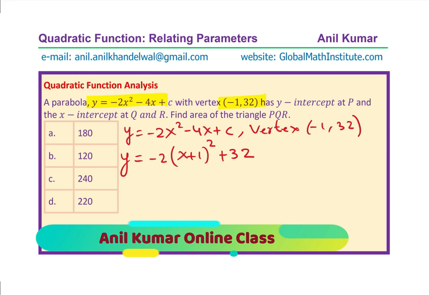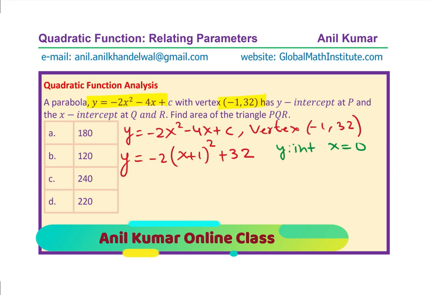So that becomes the equation of the parabola. Do you see that? Strictly speaking, if I know the vertex, I can directly write down the vertex form of the equation, right? And from here, I can find the x-intercepts and y-intercept. So if I want to find the y-intercept, I'll just put x equals 0 and find the y-intercept.